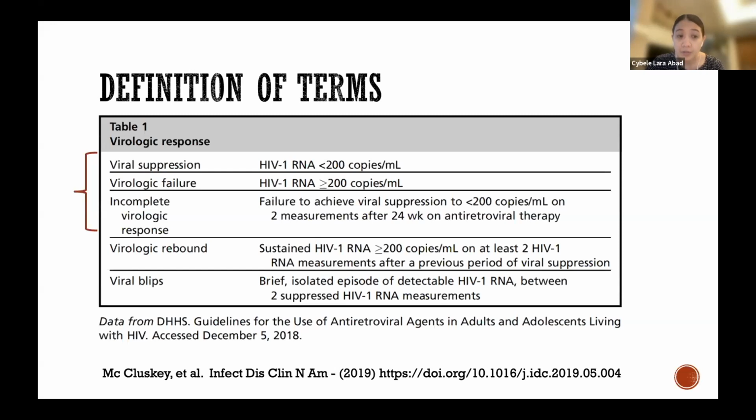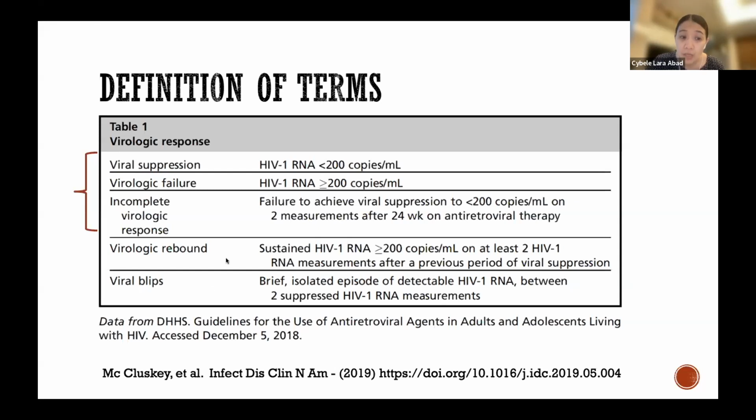Now, there are also other definitions. You can also have incomplete virologic response, where you do not have virological suppression to below 200 after 24 weeks, or that's 6 months of antiretroviral therapy. And I'll show you later a graphical representation of our patient's numbers, so it's easier to visualize.